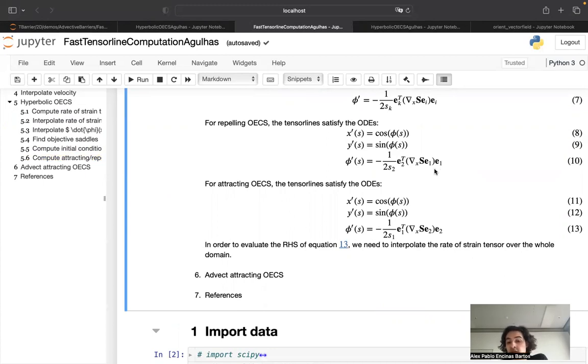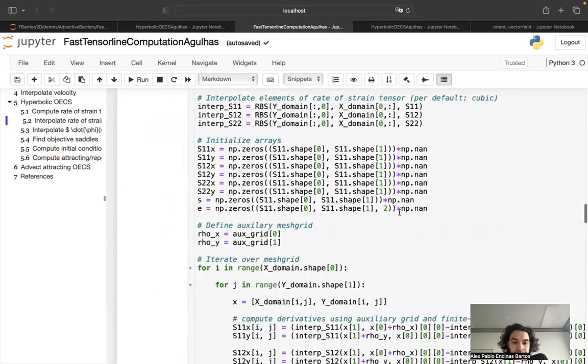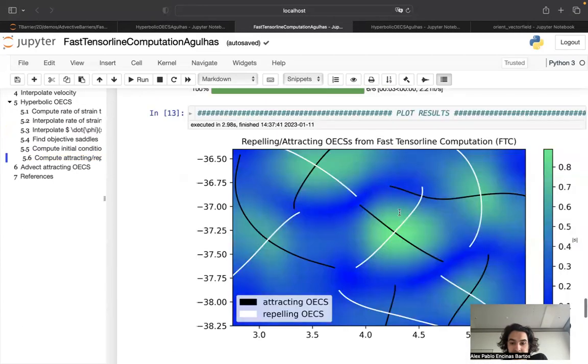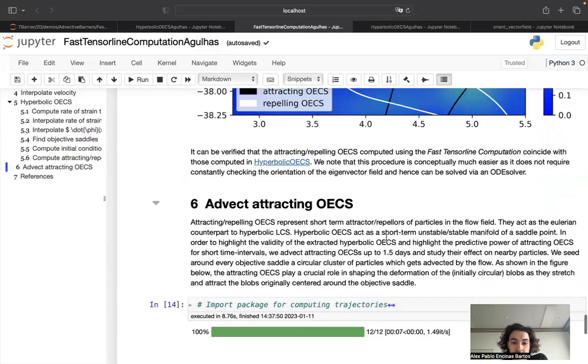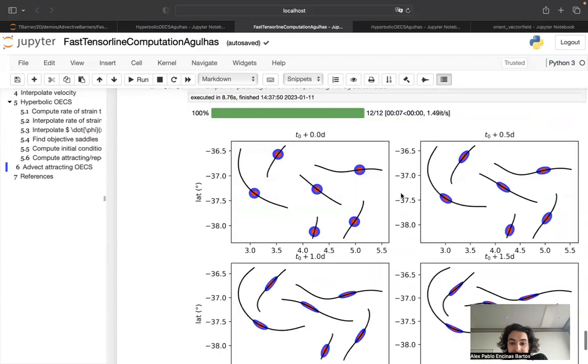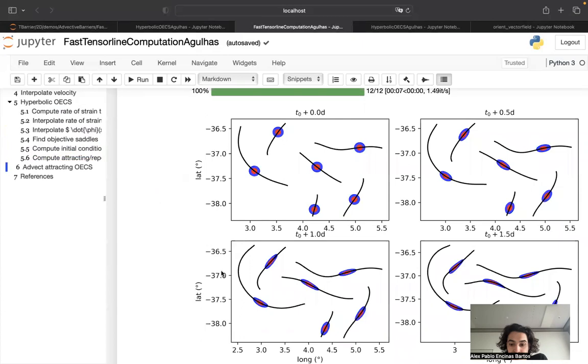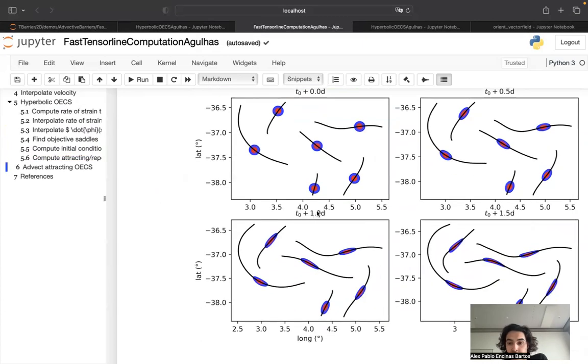However, it's a pretty straightforward standard ODE integration, and you don't need to manually check at every point in integration the orientation of the eigenvectors. And if we analyze the results, that's the field and the hyperbolic OECS that we get, one can then proceed by advecting these OECSs and seeing what kind of effect they have on the nearby material distribution.